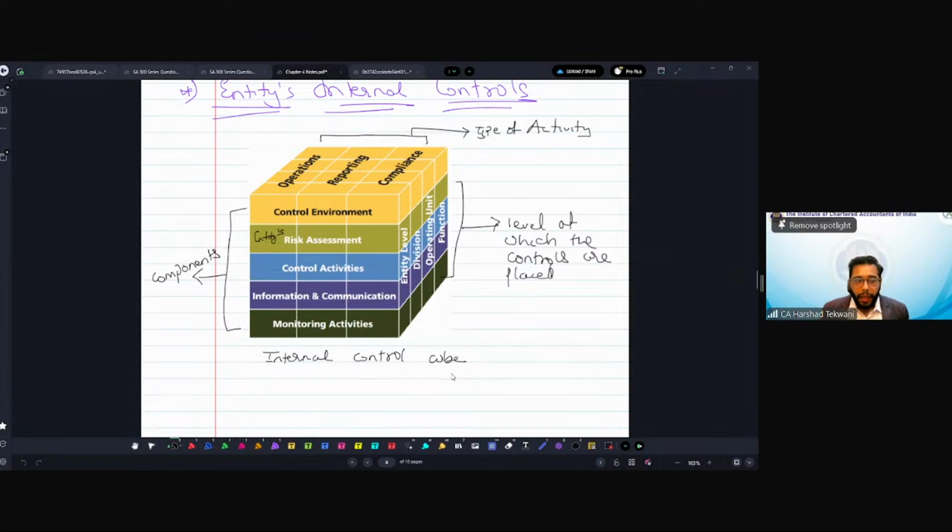And the last part is monitoring activity. Monitoring is ongoing monitoring and evaluation of the whole internal control system to ensure that everything is working effectively. It's a continuous evaluation of the internal control system. That's why it is sitting at the bottom: it is evaluating whatever is on the upper side, in all directions.